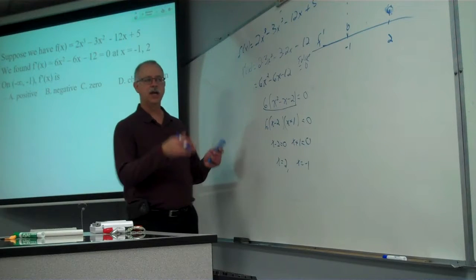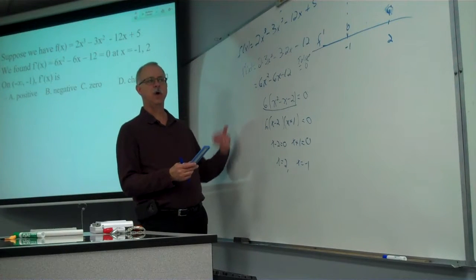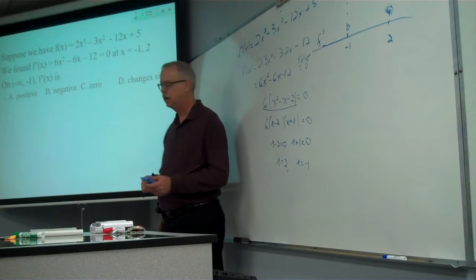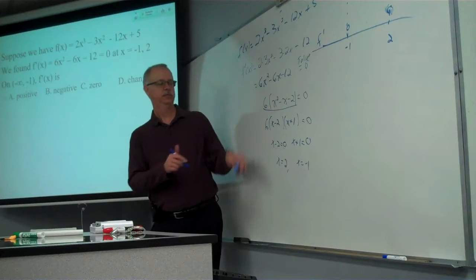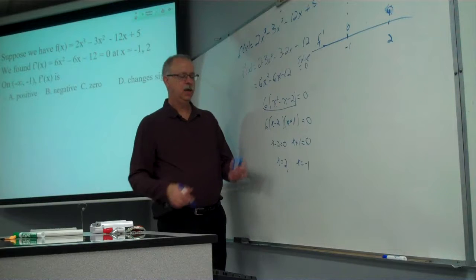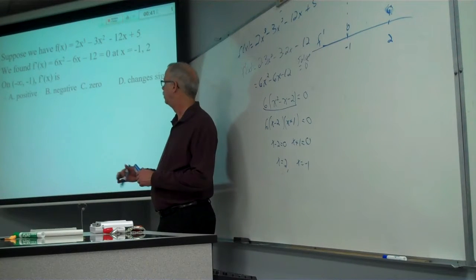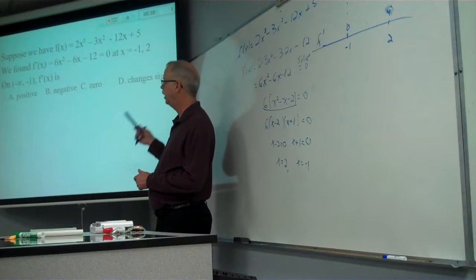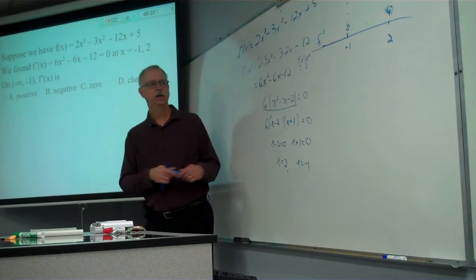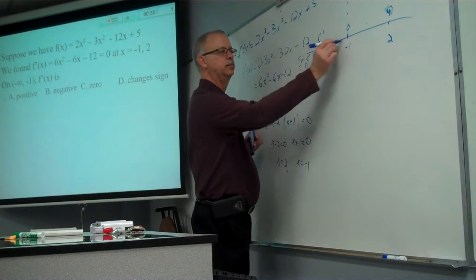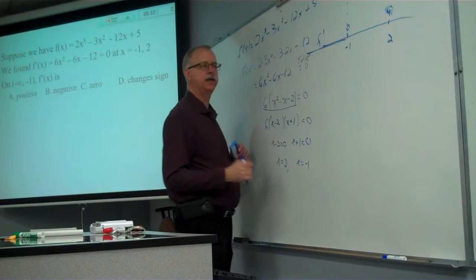And it can only switch signs where it's 0. So before negative 1, is this derivative, and any form is fine, positive, negative, or 0? Or does it change sign somewhere in this interval from negative infinity to negative 1? So can we figure out the sign on that interval?